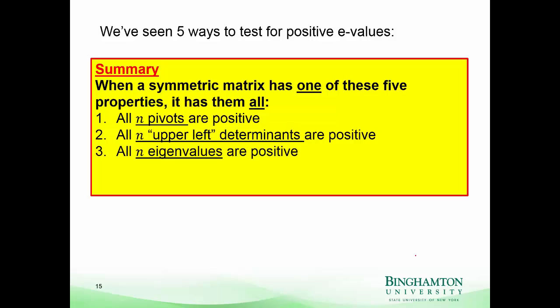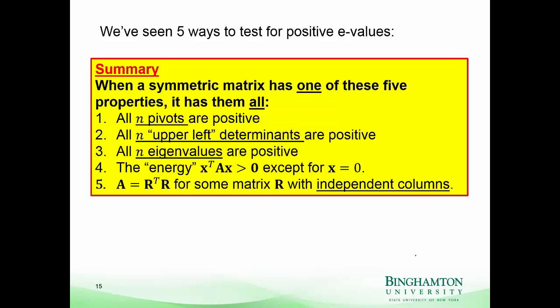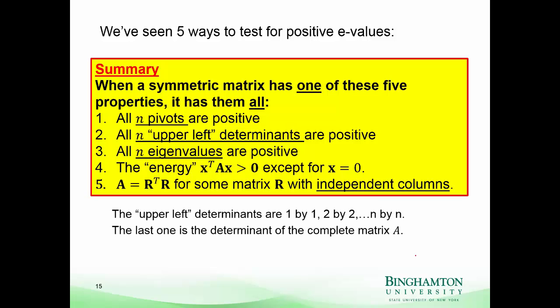All n eigenvalues are positive. The energy is greater than 0, except for x equal to 0. And then we can factor A into some R transpose R for some rectangular matrix R with independent columns.